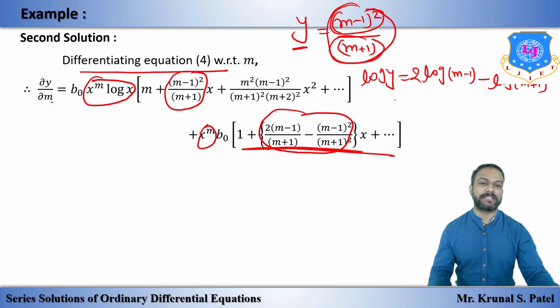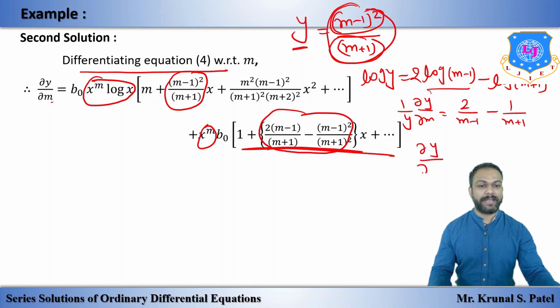Now we will differentiate this with respect to m partially. So we have 1 by y, del y by del m is equal to 2 upon m minus 1, which is the differentiation of this, and minus the differentiation of this, 1 upon m plus 1. So we have del y by del m is equal to y into the bracket, 2 upon m minus 1 minus 1 upon m plus 1.